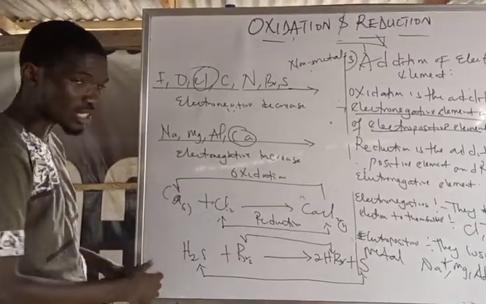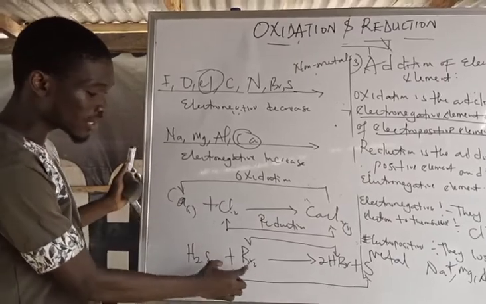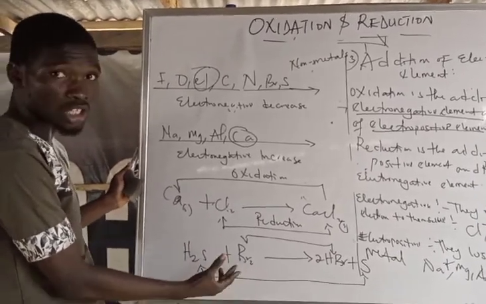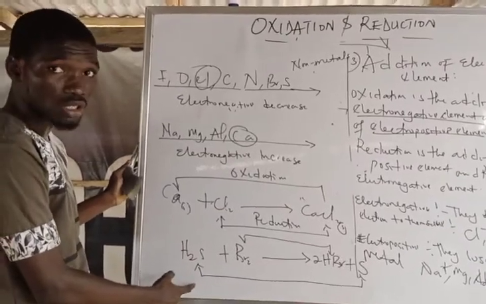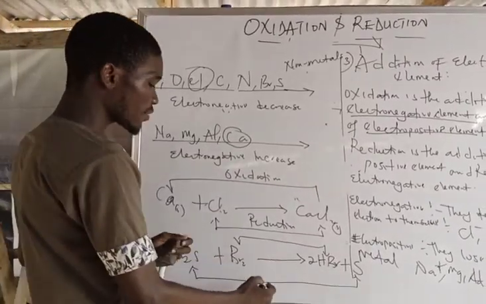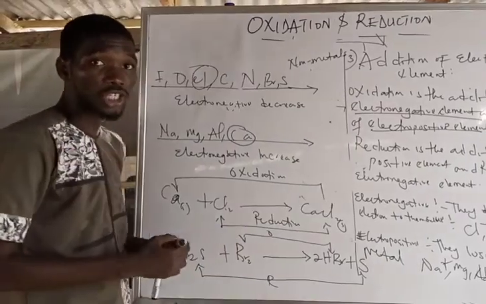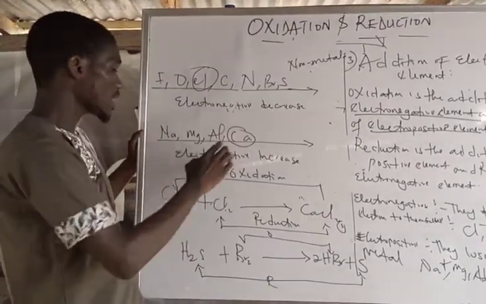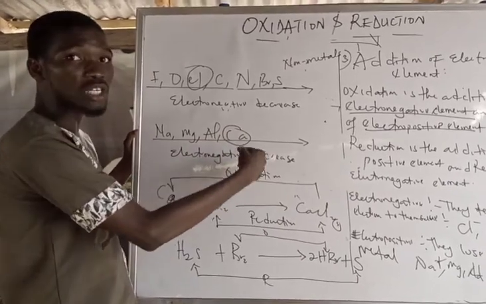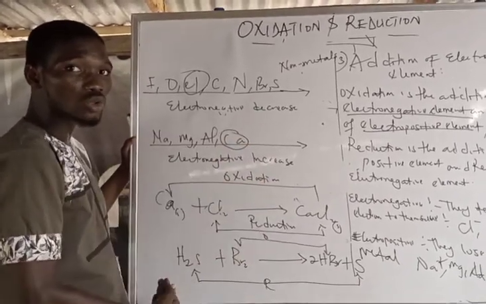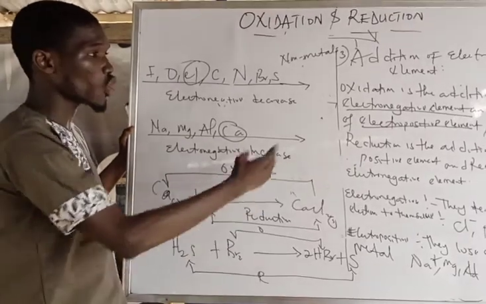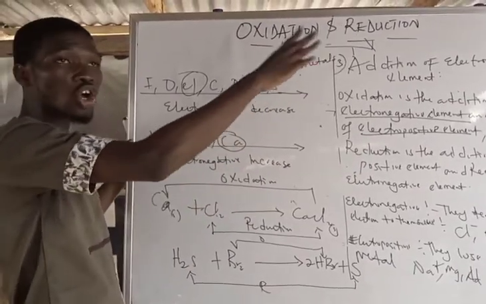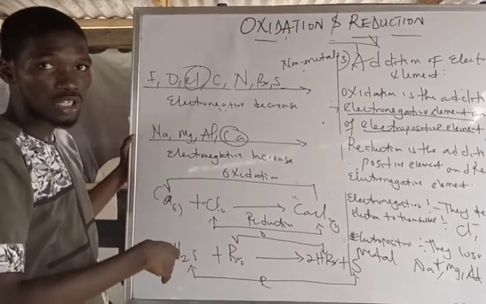So now, I can show you that this particular one here is the oxidation, while this one is the reduction. So don't forget the electronegative decrease and electronegative increase. It tells us how we can determine the oxidation and reduction with respect to addition of electronegative elements.